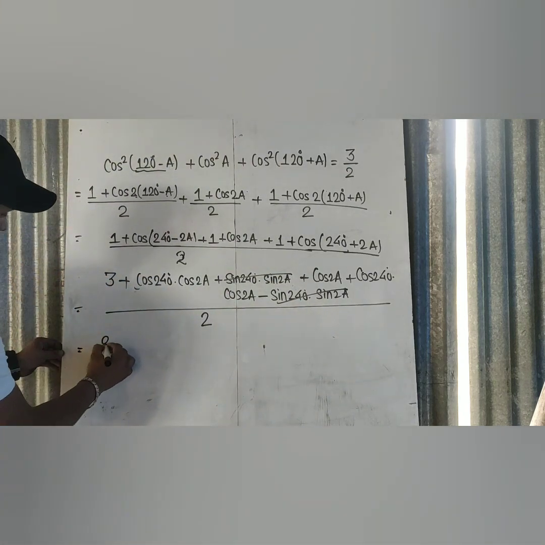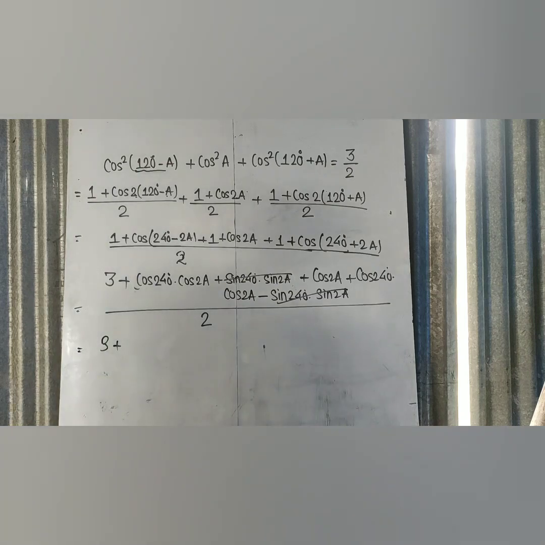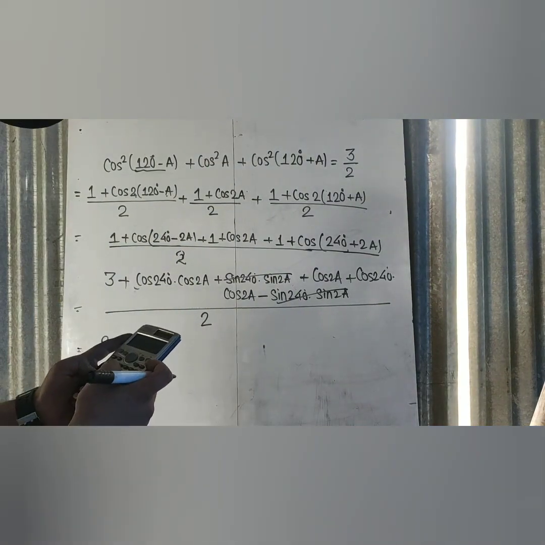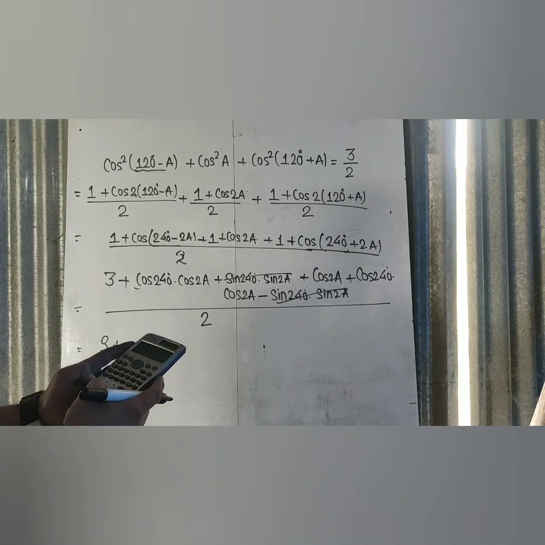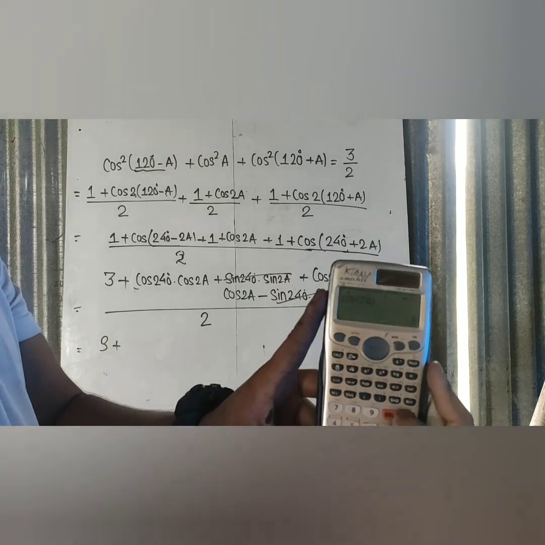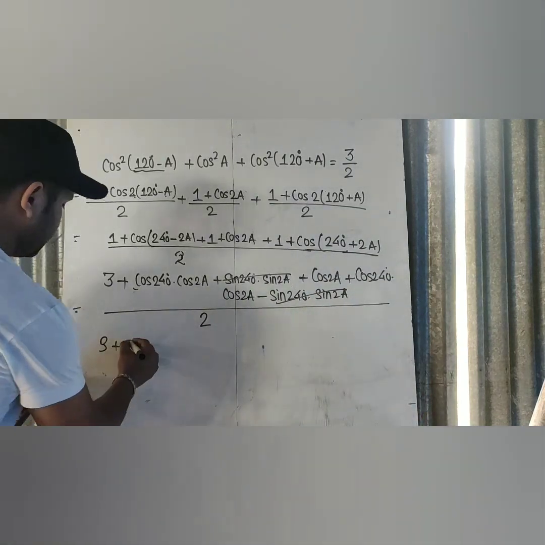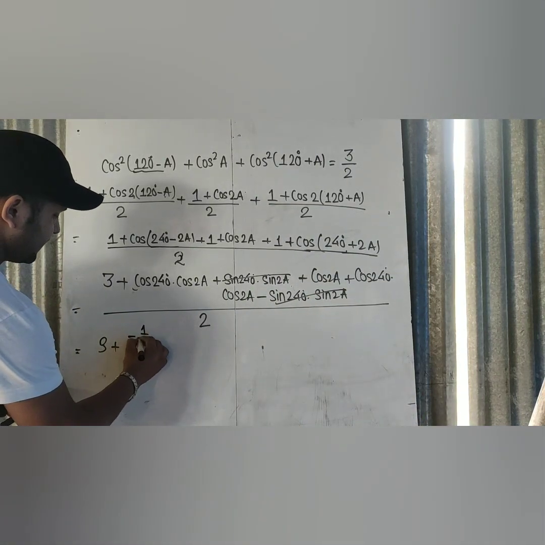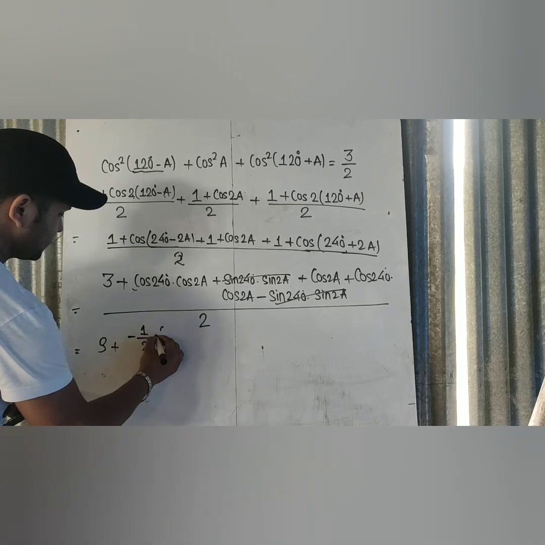Now 3 plus. Now we'll see how much is cos 240 degree in a calculator. You can simply use it's minus 1 by 2, but still cos 240 degree in a calculator you can get here minus 1 by 2. So in place of cos 240 degree you can write here minus 1 by 2 cos 2a.